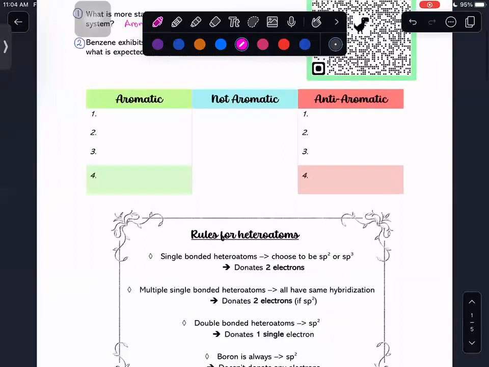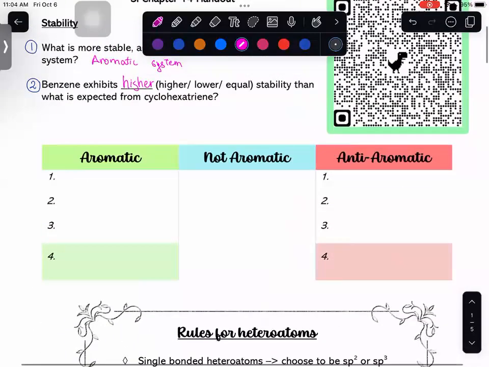Okay. Now, for this class, we have 3 different systems, okay? We have our aromatic molecules, we have our non-aromatic molecules, and we have our anti-aromatic molecules. Now, they're actually in that specific order. The aromatic one is going to be the most stable system. Then it's going to be non-aromatic, and last one, anti.